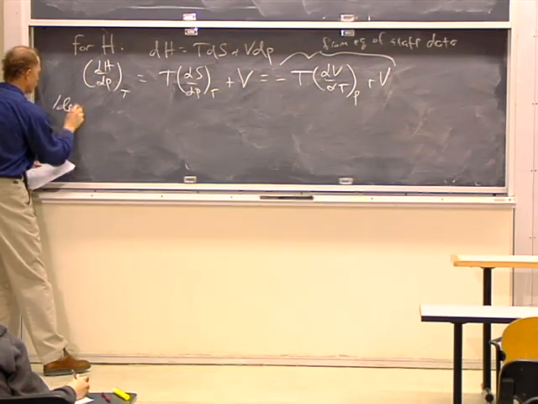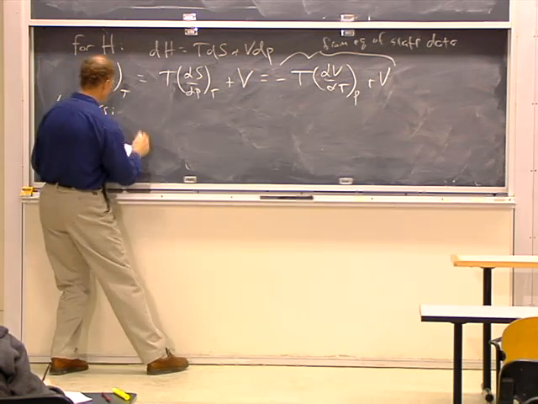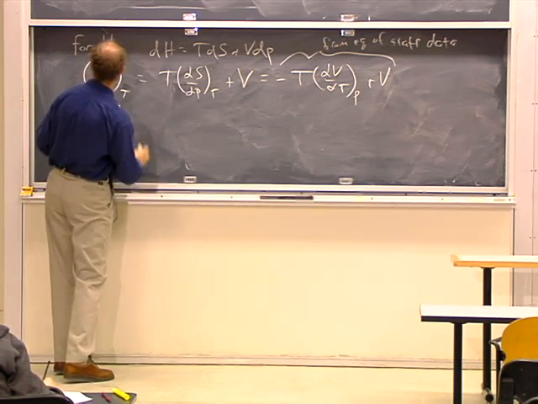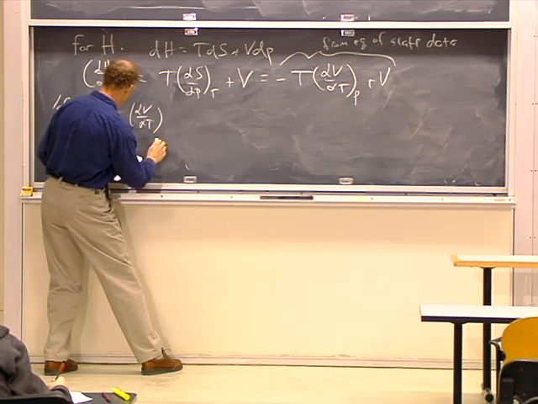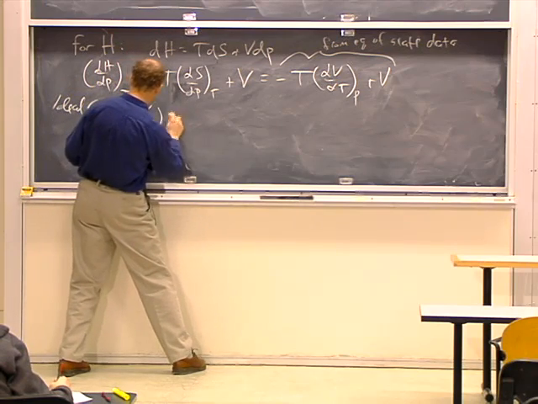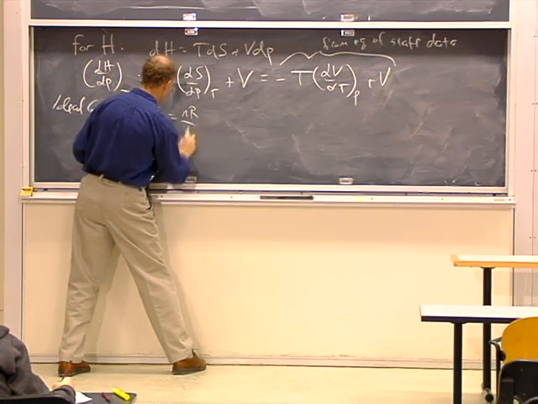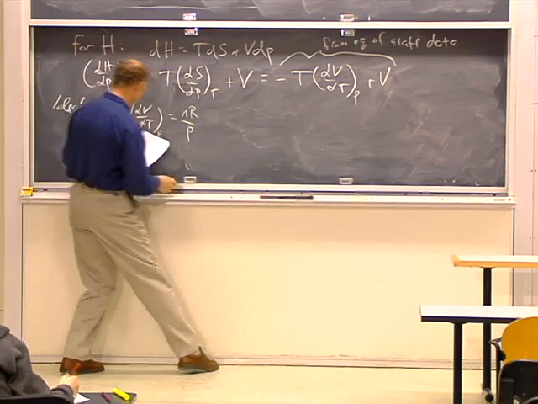And if we do this again for an ideal gas, then we have PV as nRT, so dV/dT at constant pressure is just nR over P, right? But we can plug that in again just like we did before.